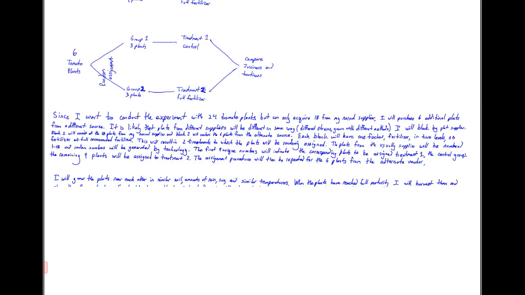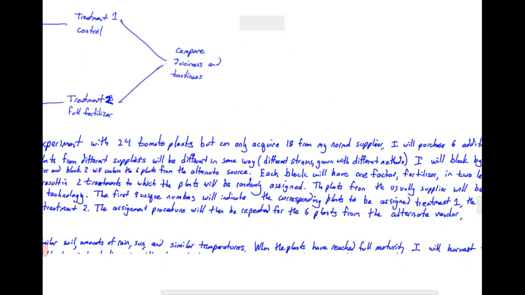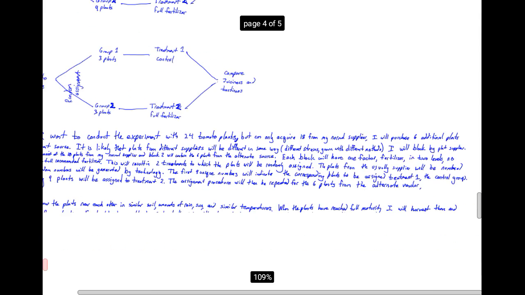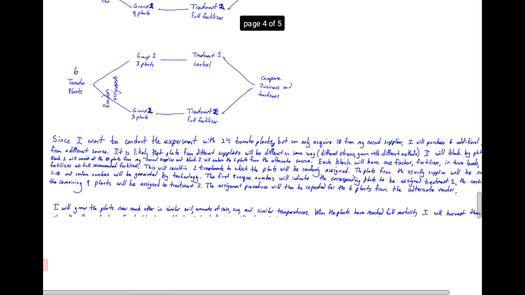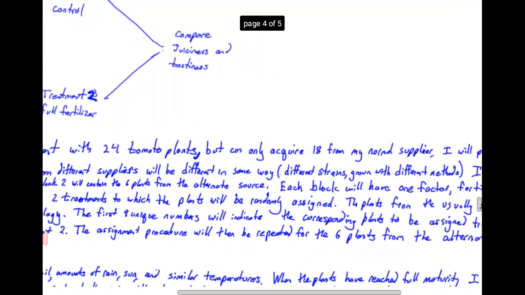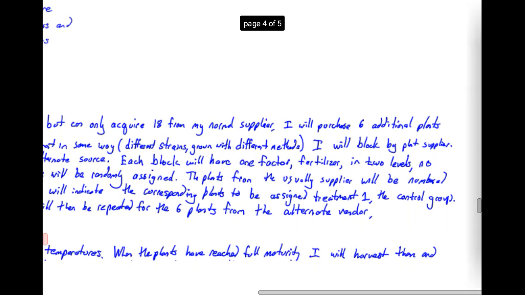Okay, so since I want to conduct the experiment with 24 tomato plants, but can only acquire 18 from a normal supplier, I'll purchase 6 additional plants from a different source. It's likely that those plants from different suppliers will be different in some way. Different strains, grown with different methods, whatever.